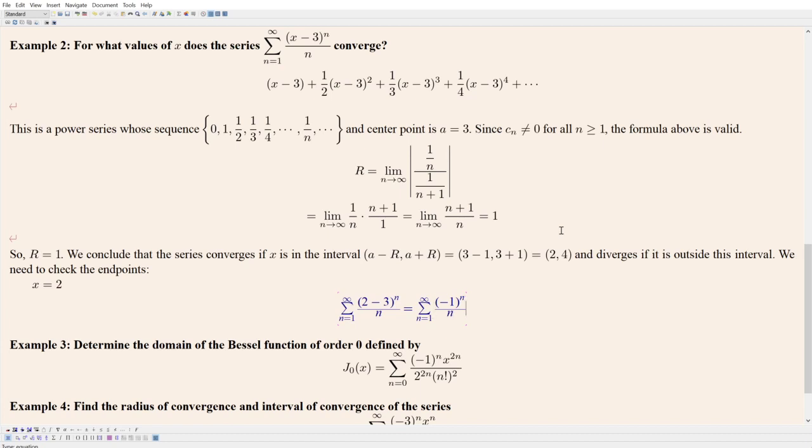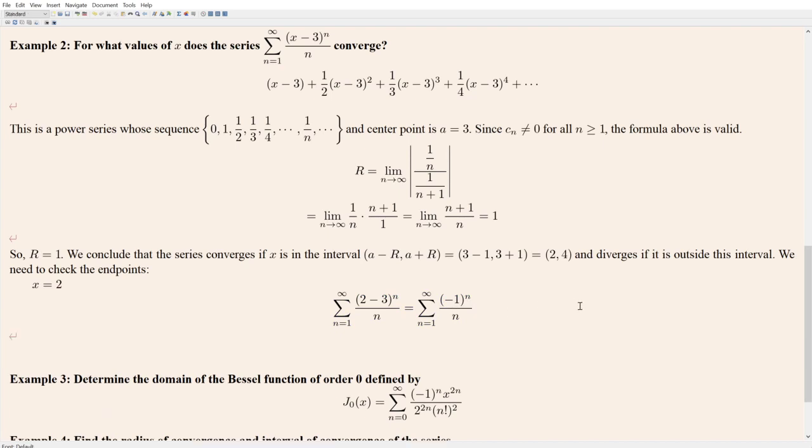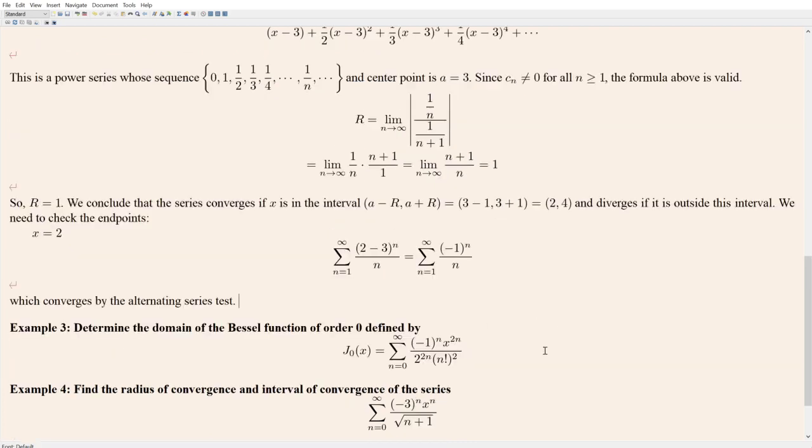Okay, so it looks like we have an alternating harmonic series, and we know that this converges by the alternating series test. I hope that you can go through the details of that in your head. 1 over n, certainly that's positive, certainly that's decreasing, certainly that goes to 0, so it's fine. Not to mention, I actually came up with a proof of this, which was geometric, but whatever. The alternating series test also works. So it converges at the left endpoint.